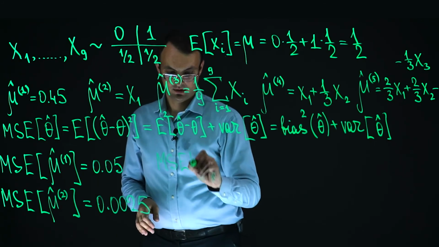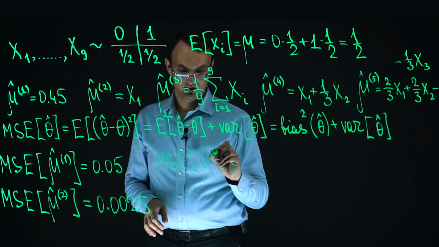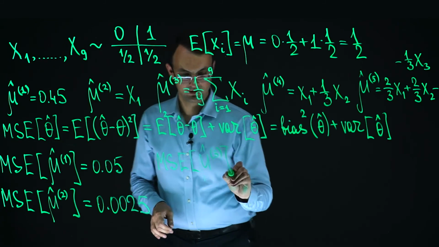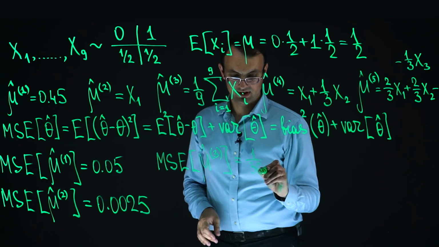MSE of mu3 hat is 1/36, which in decimal numbers is approximately 0.028.